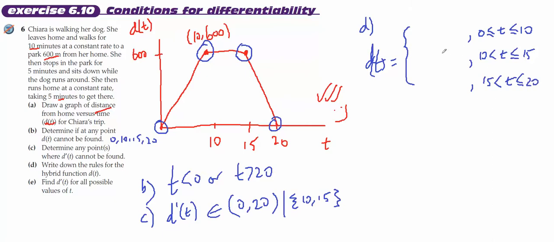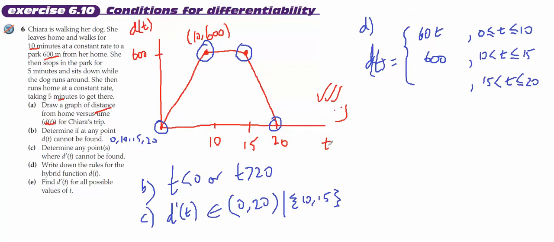And in the middle bit, it equals 600. In the first bit, rise over run, it goes up 600 and goes across 10, so that's 60t plus 0 because the y-intercept is 0.